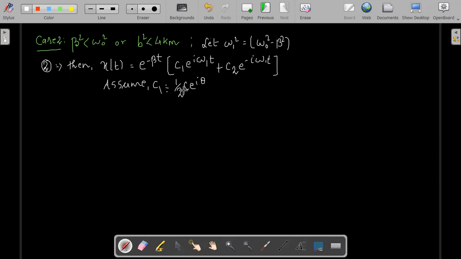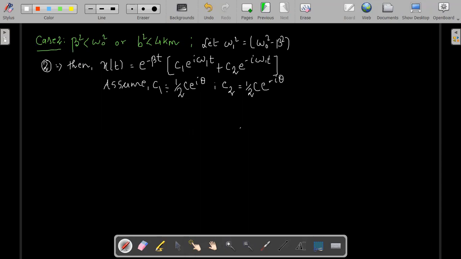In a similar way, I can also assume c2, and write it as half c e to the power minus i theta.